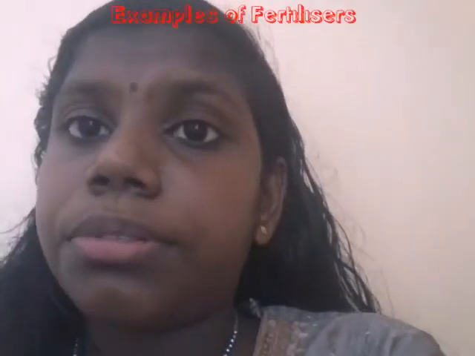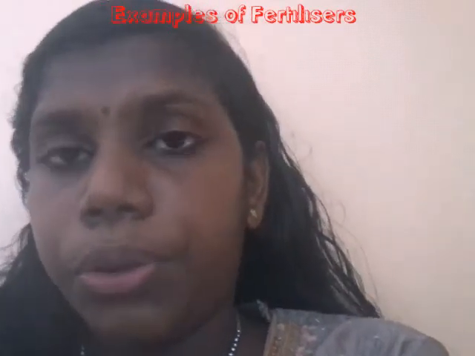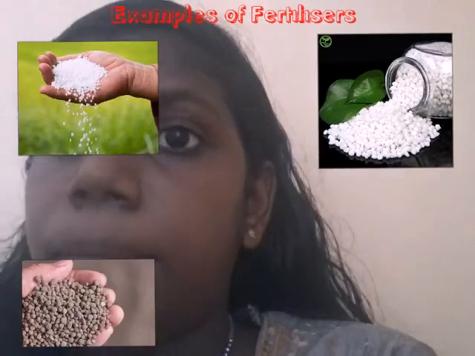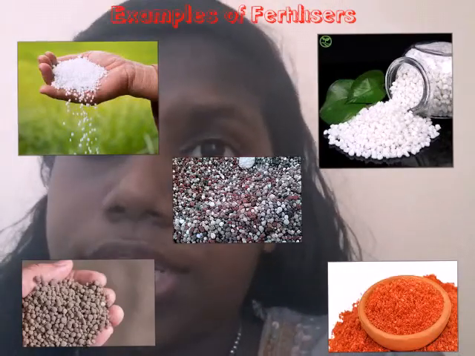Some of the examples of fertilizers are urea, ammonium sulfate, superphosphate, potash, NPK mixture, etc.